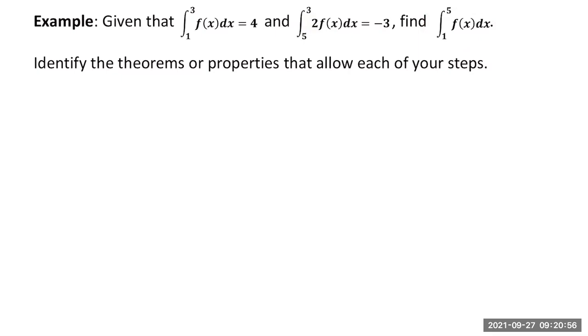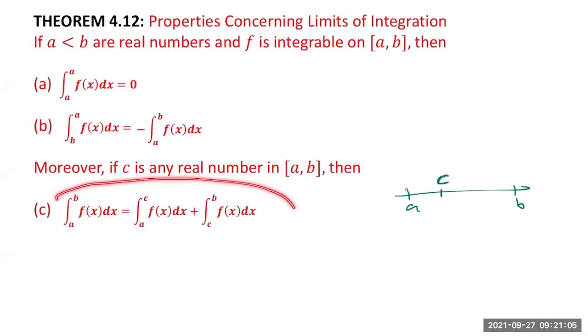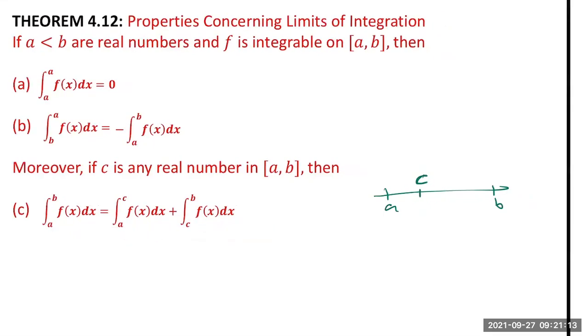How do you find this particular definite integral? From the previous theorem, I have this particular result. I can find a definite integral from a to b this way by splitting it into 2 integrations.